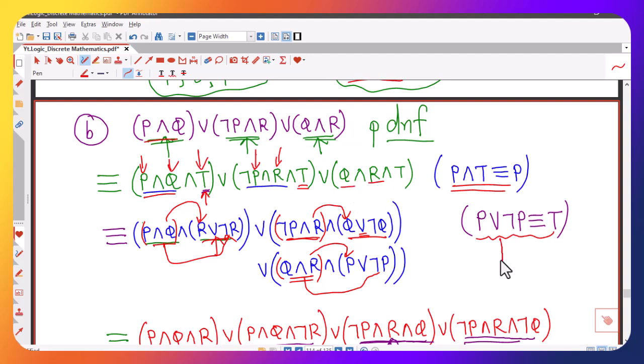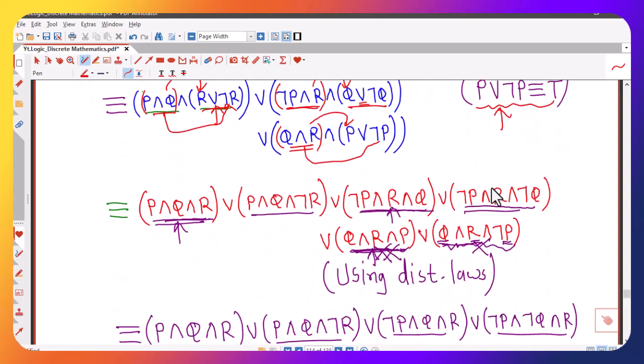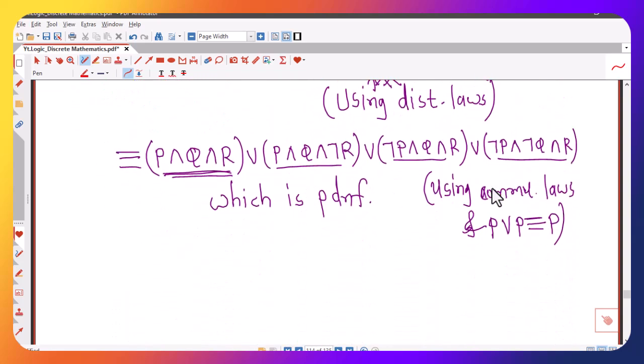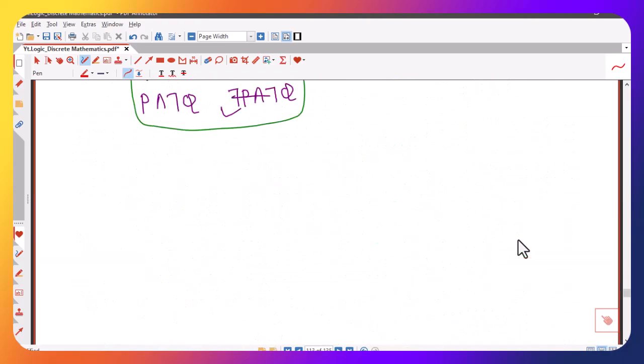Here P is missing, therefore I have written P or negation P in place of T. In fact, I am using this logical equivalence, and I am using distributive laws, commutative laws, and this logical equivalence, which we can call the idempotent law also. So this is another method of finding the principal disjunctive normal form of a given formula, in which we are not using a truth table.